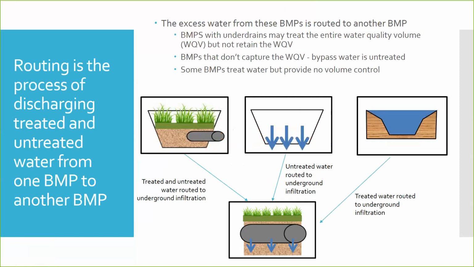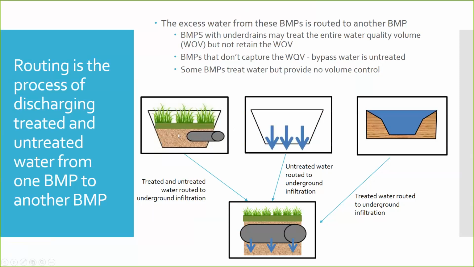So routing is the process of discharging treated or untreated water from one BMP to another BMP. Basically, there's 3 types of best management practices in the calculator. The first are BMPs with underdrains. This is an example of a bioretention system with an underdrain. In this, water is captured, and the entire water quality volume may or may not be treated, but only a portion of that water is actually infiltrating below the underdrain.